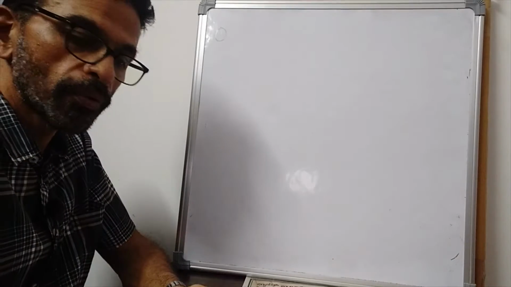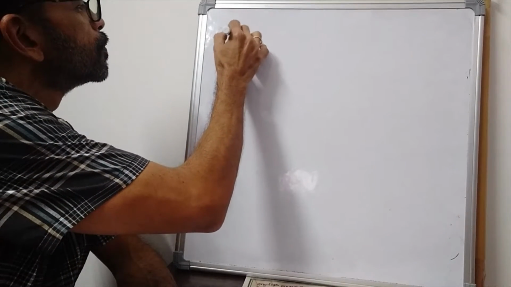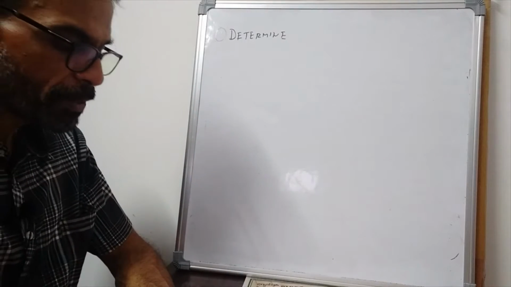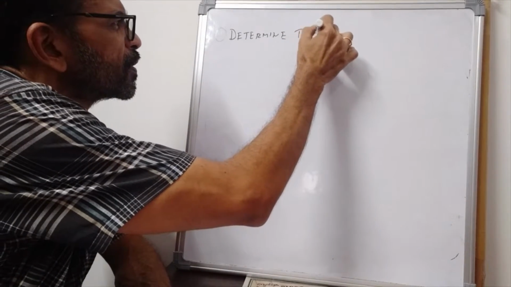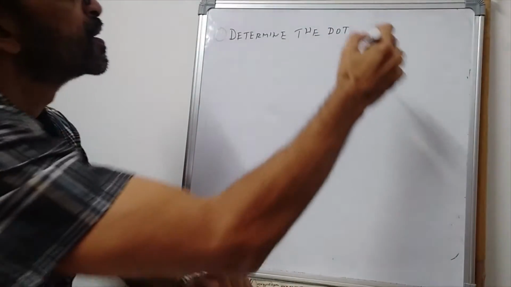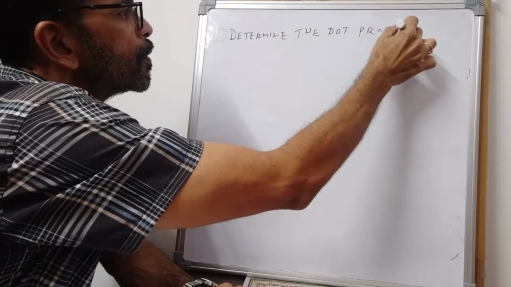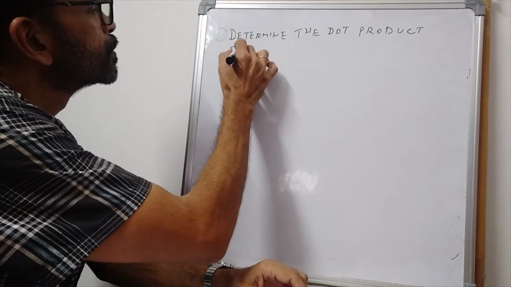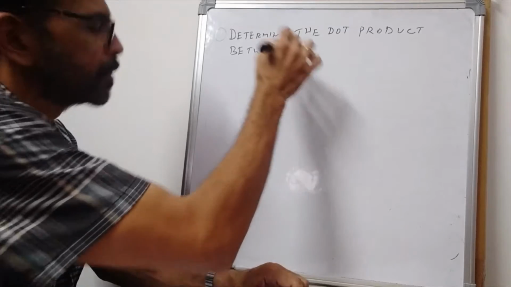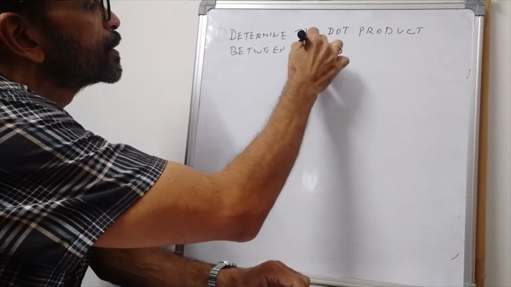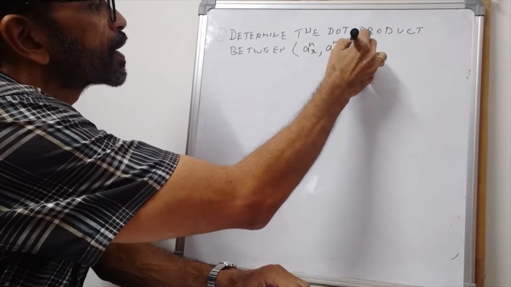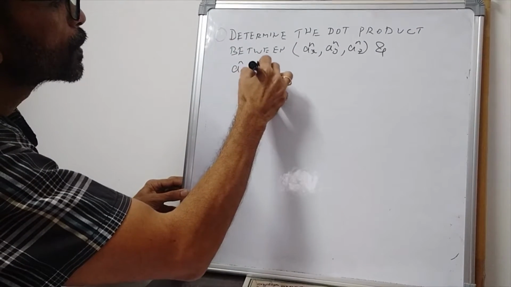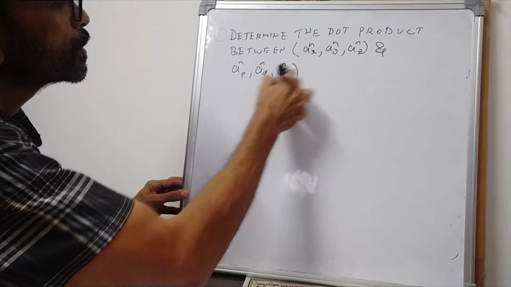We have to determine the dot product between ax cap, ay cap, az cap and a rho cap, a phi cap, az cap.